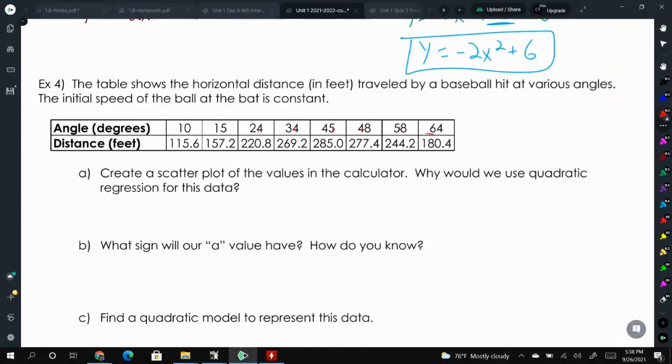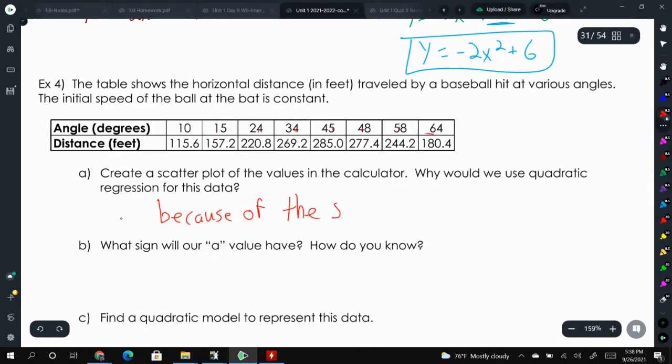Why would we use quadratic regression for this data? Because of the shape of the graph. The shape of the data, I should say. What sign will our A value have? Because this opens downwards, it will be negative.